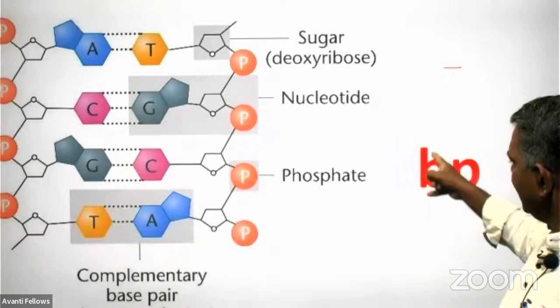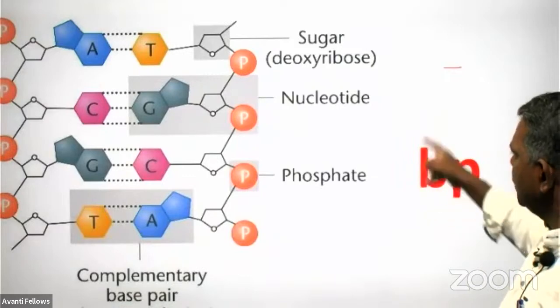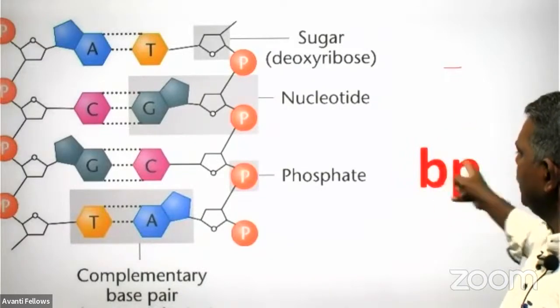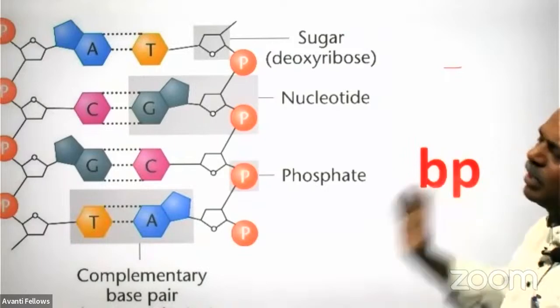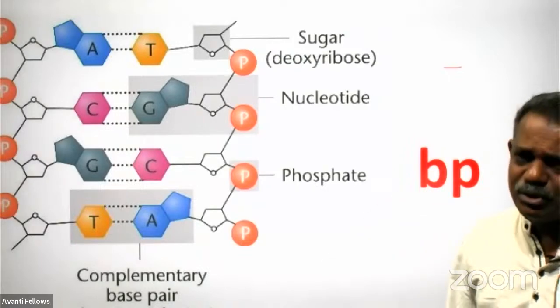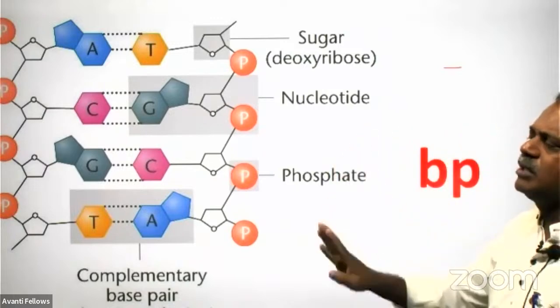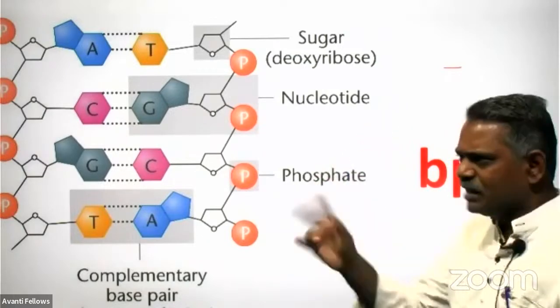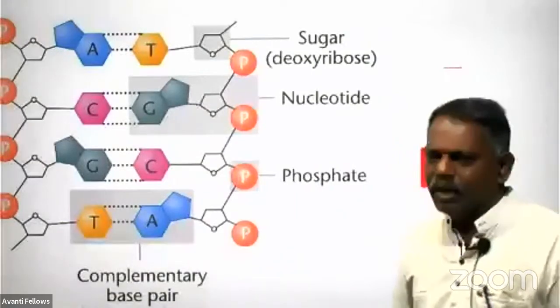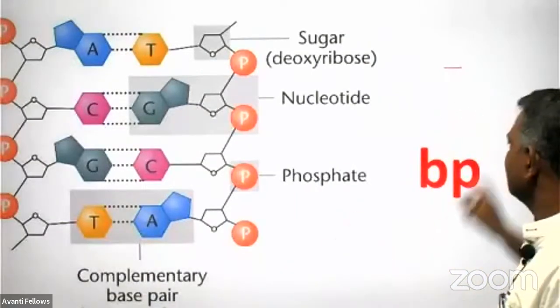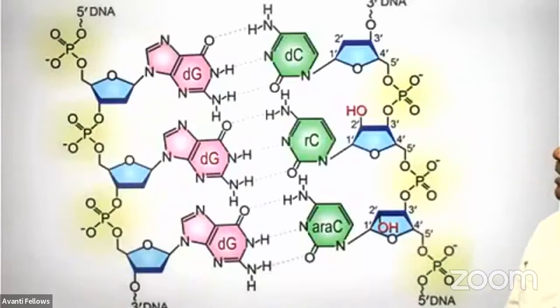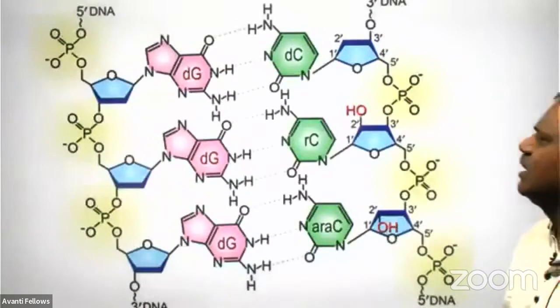Normally you can find the symbol BP in the textbook. That is base pair, not blood pressure. Pairing always takes place between adenine and thymine, that is AT, and cytosine and guanine, that is CG. Remember this pair, right? See, this is the detailed structure of the DNA strand.